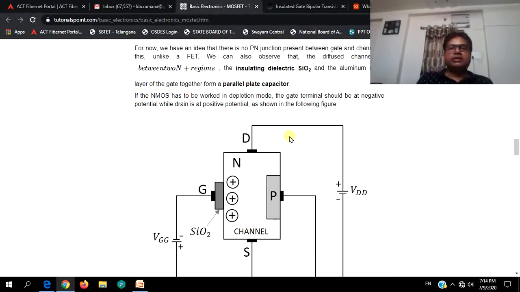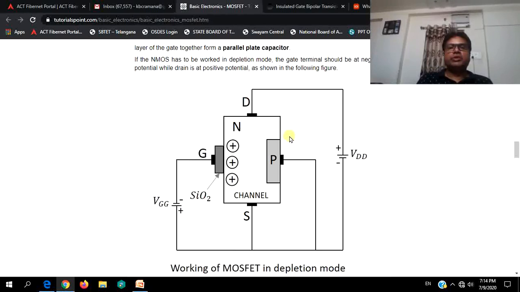This is the N channel depletion type. Drain to source voltage is positive, and to turn this off, you have to apply a negative gate to source voltage.